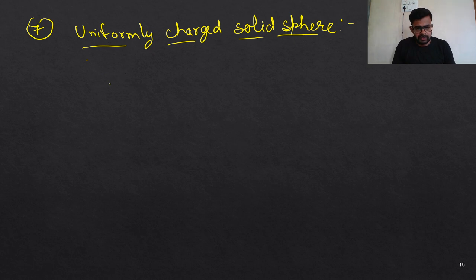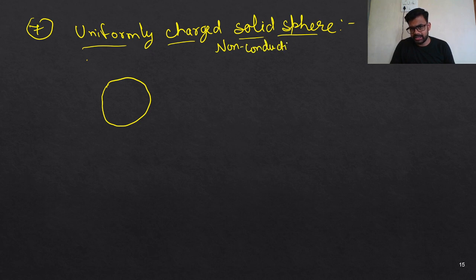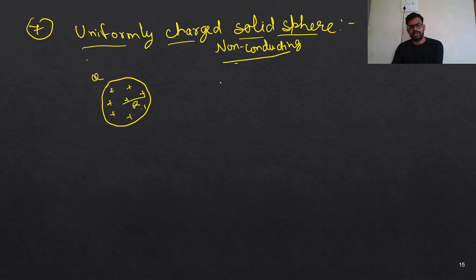But that should be non-conducting. Remember, my dear friends, non-conducting. If there is a conducting solid sphere, then it will behave as a hollow sphere. But if it is a non-conducting sphere, then the charge distribution will be in the entire volume. So its radius is, let's say, R, and total charge is q. So how will we write the formula? First formula.